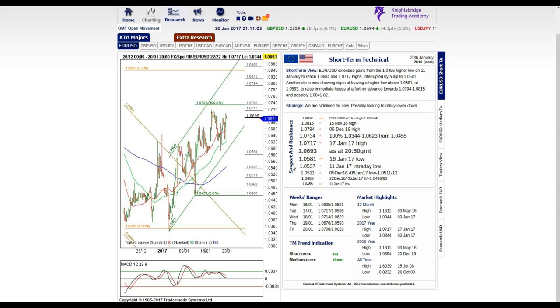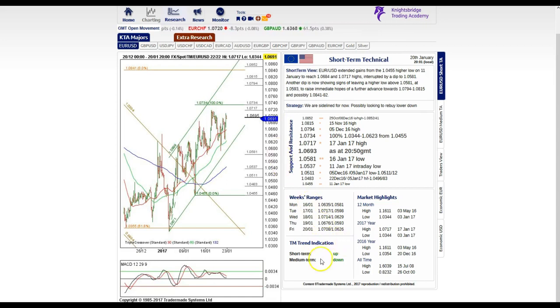So the way it's set up is you have a short-term view where the economists and the technical analysts expect the market to go. A strategy, so generally it's an entry price, a stop loss, and the take profit. So in this example, they have no real view and they're sidelined, so there is no clear direction, if you will.